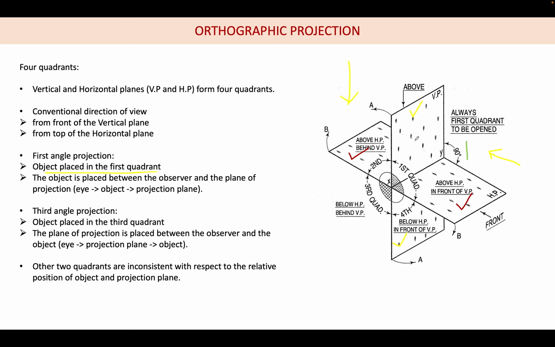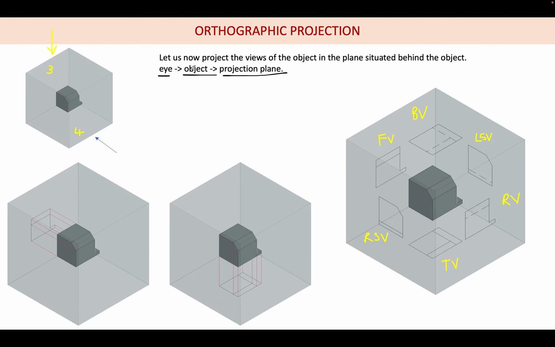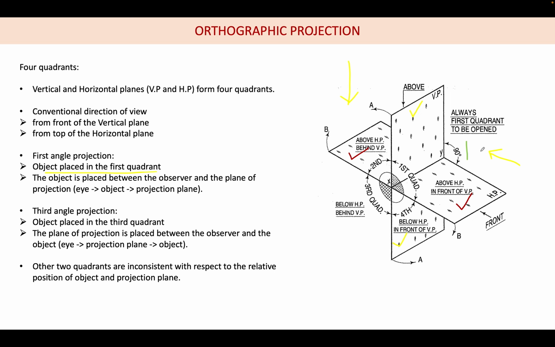So you can say that the object is located in between the plane of projection and the observer. We saw that same case here, if you remember, that the object is in between the observer and the projection plane. So this is the same case in the first quadrant.